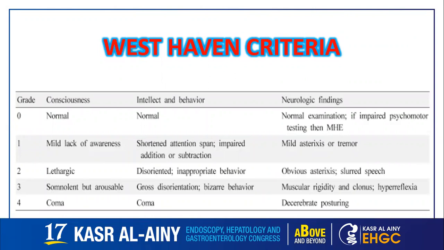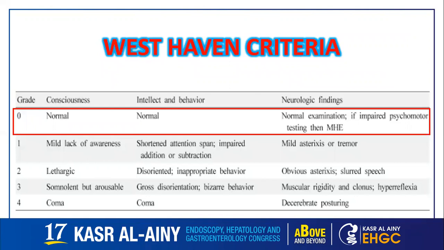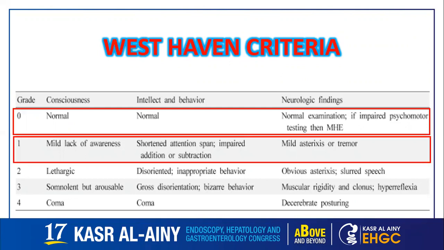Grade 0 is normal in everything, a normal examination, and may have some impairment of psychomotor testing, or minimal hepatic encephalopathy, where the conscious level and intellectual and behavior changes are not affected. Then grades from 1 to 4.